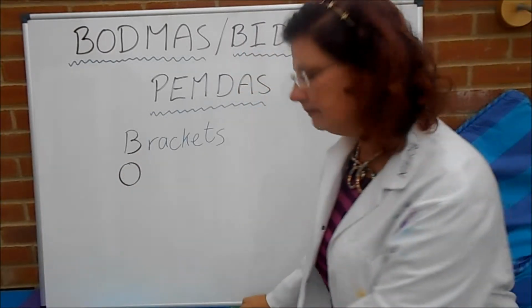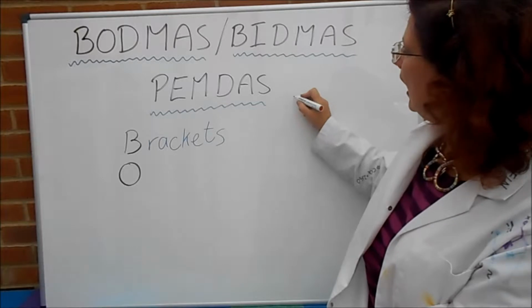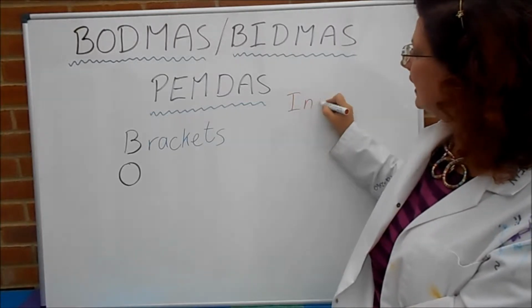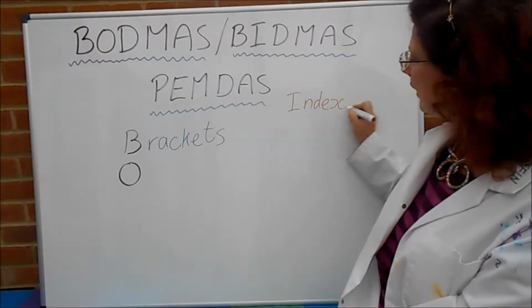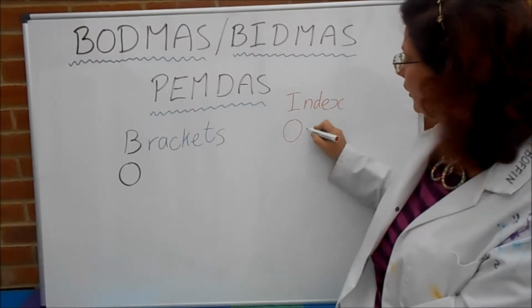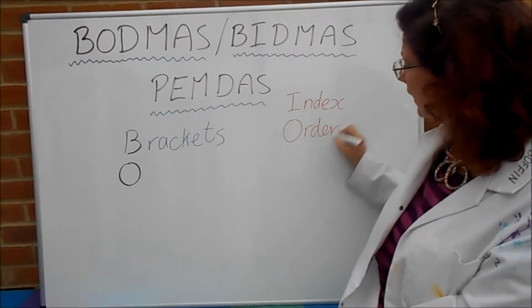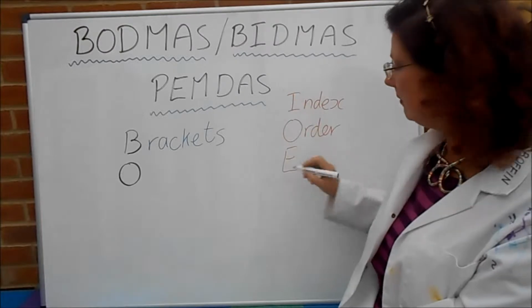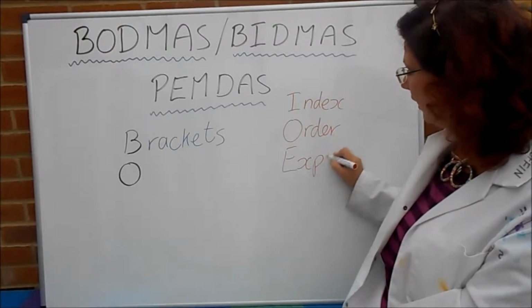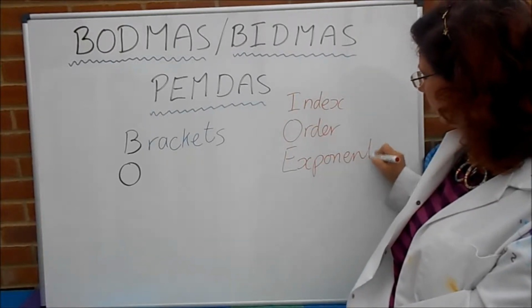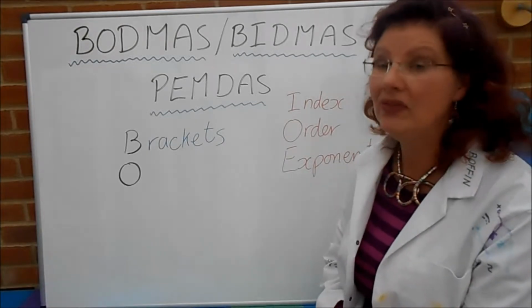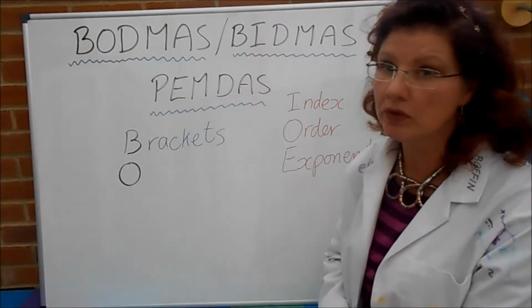If it's an I, here's some posh words for you. I would be for index. O would be for order. And E, if you're using PEMDAS, is for exponent. They all mean the same thing, so it really doesn't matter which one of these you use.